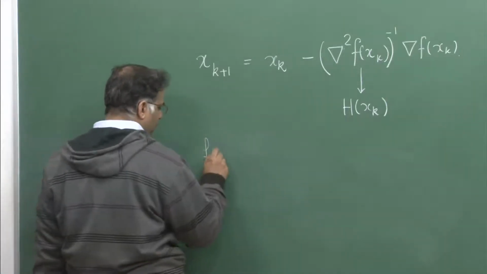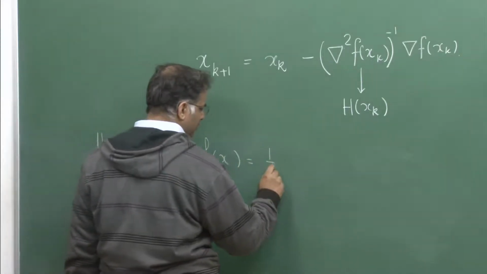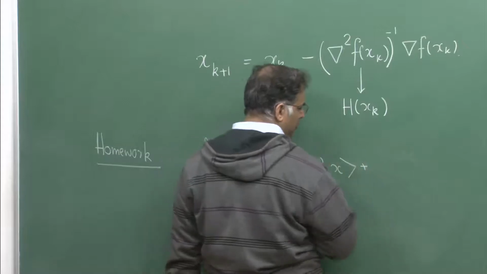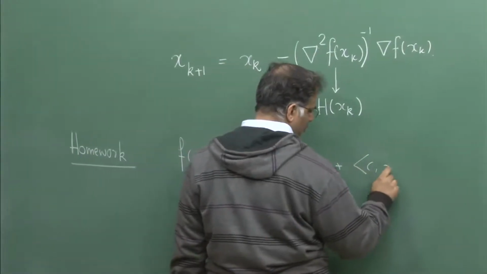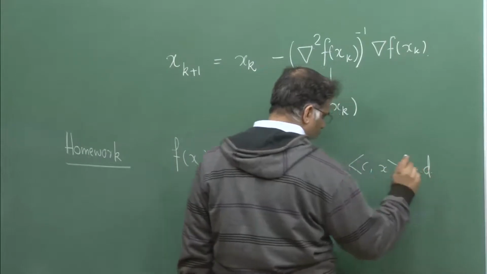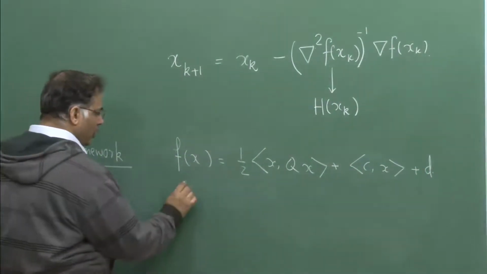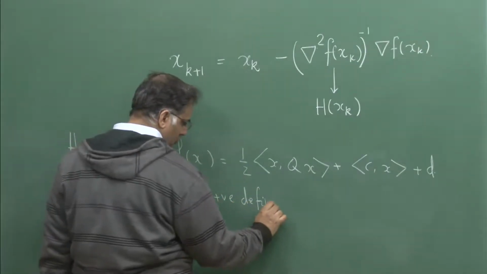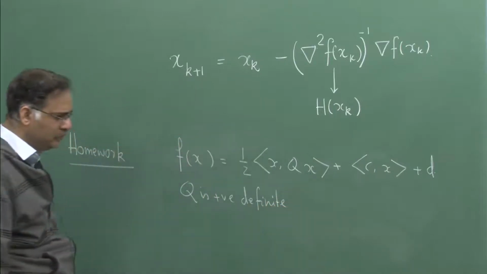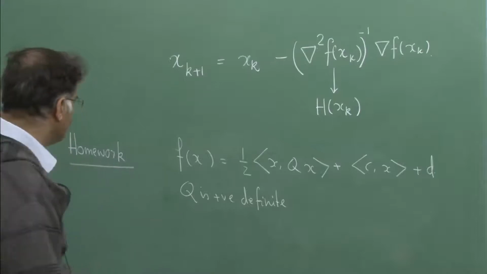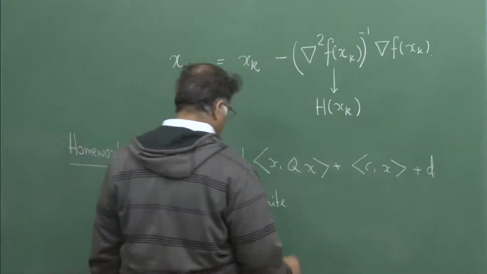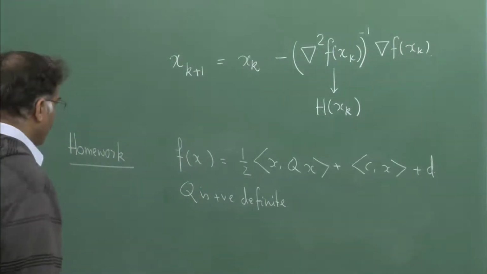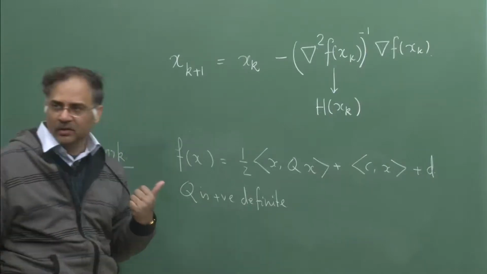Consider the function f x, which is a quadratic function, where Q is positive definite. Now, if that is the case, show that I can reach the minima of this problem.